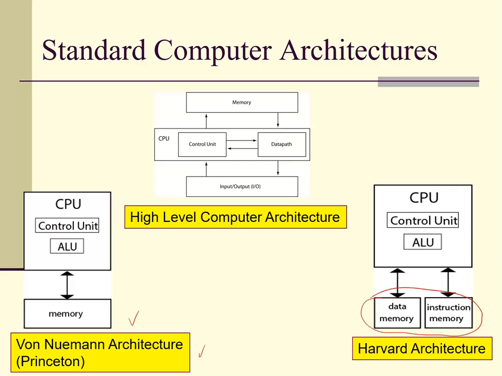This is super important. Everyone talks about this and everyone knows this. It's really Harvard versus Princeton, and it's something you just need to commit to memory. I typically have trouble memorizing this because I use a particular architecture that does one or the other, and I actually forget the terms.